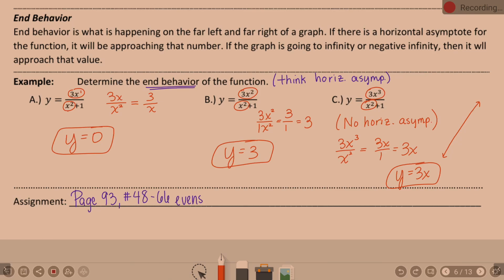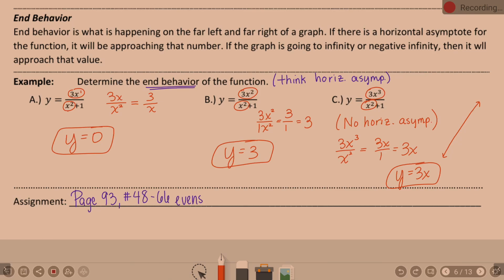What's this graph doing as it goes infinitely off to the left and the right? Well, it's going off on that horizontal line, and if you put in a line, y equals 3, you'll notice it's following right underneath that line, y equals 3. So the asymptotes should make sense. But that is your end behavior.